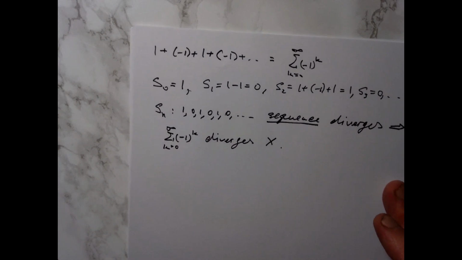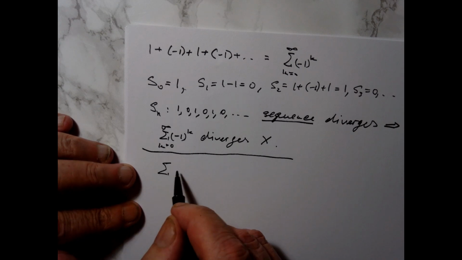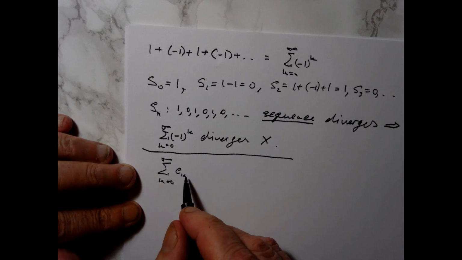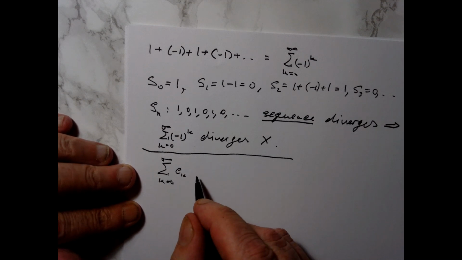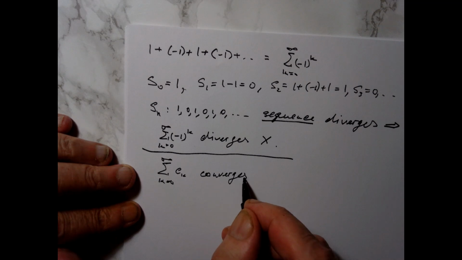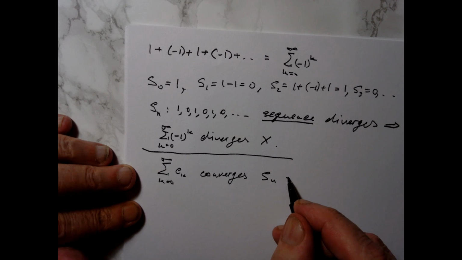Now, one more comment. If you have a series sum of Ck, k from 0 to infinity, and this series converges, that means that the sequence Sn of partial sums converges.